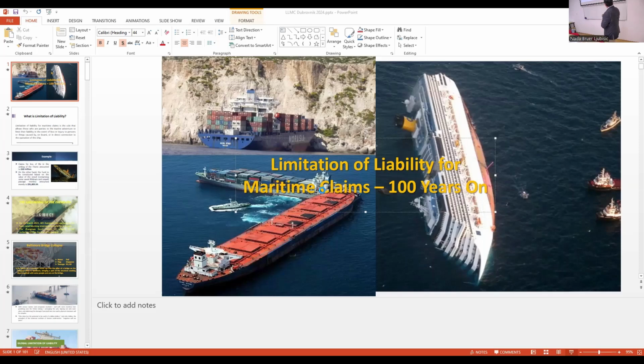And this system aimed at establishing the limit of the ship owner's liability based on his interest in the marine adventure. But what is his interest in the marine adventure? In principle, the interest was the residual value of the ship and freight. So it would seem that in the first instance, the American system adopted limitation of liability by abandonment.